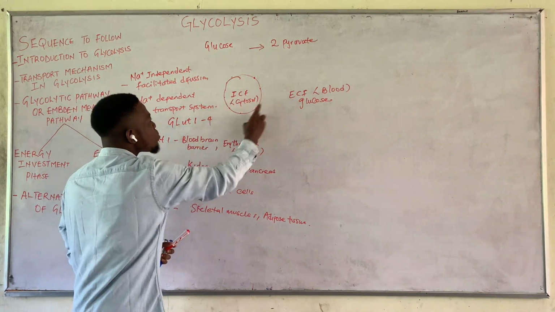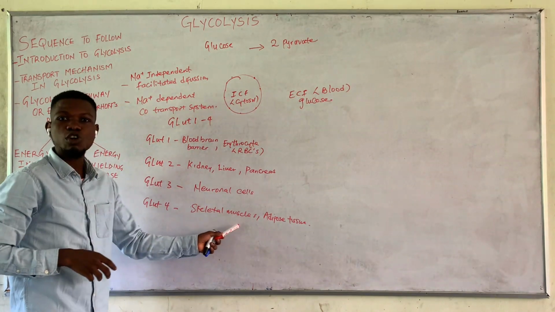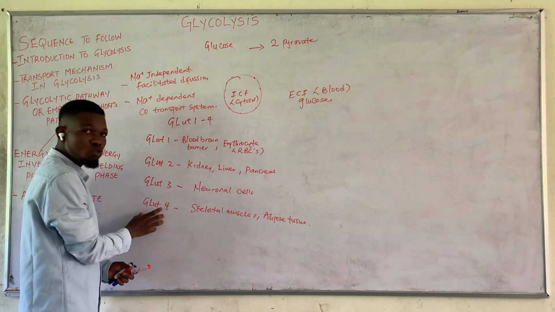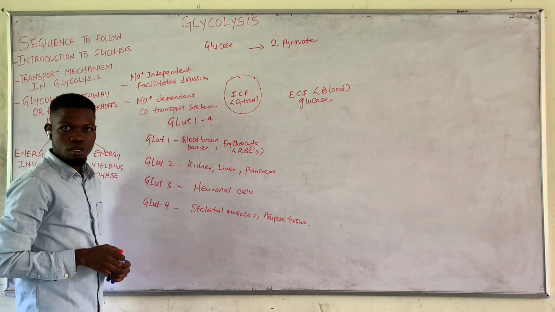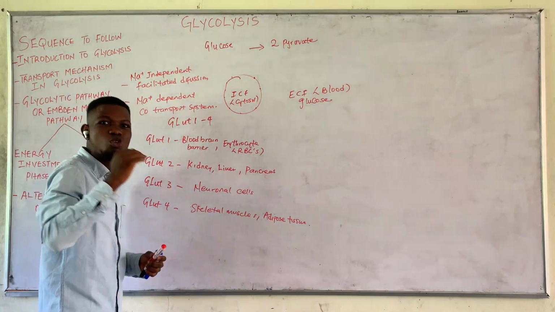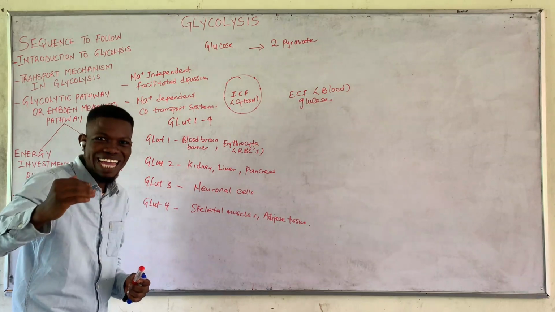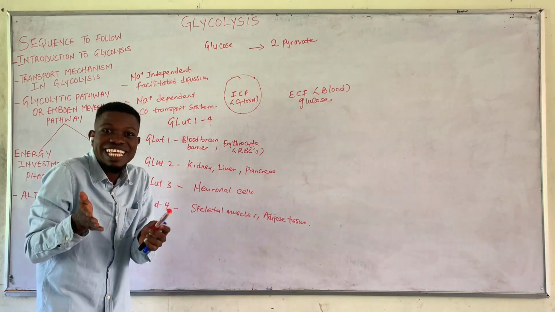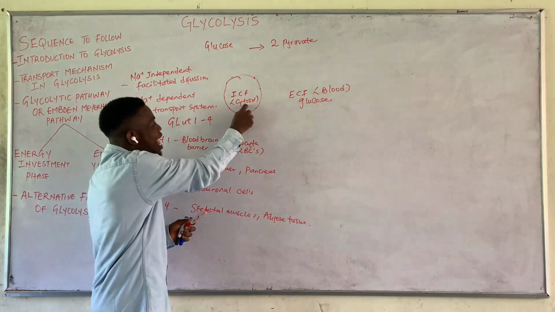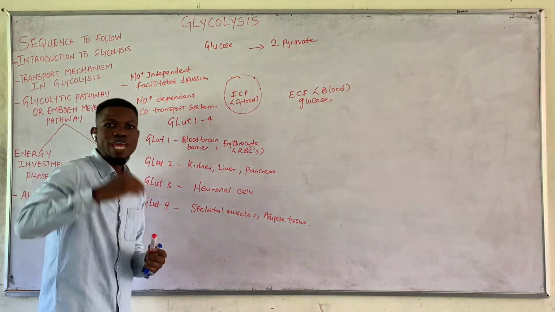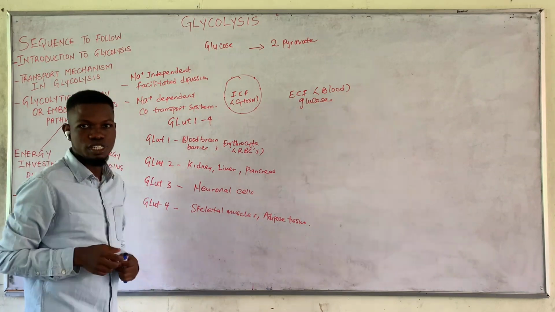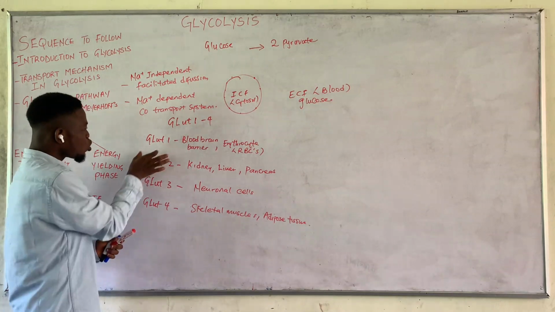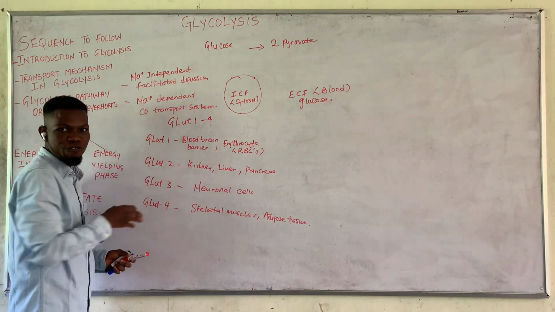If this cell is a skeletal muscle cell, then the glucose transporter present here is glucose transporter 4. That's why I said glucose transporters are specifically designed for an organ. Their essence is to facilitate the glucose to enter the cytosol of the cell, where it undergoes glycolysis.